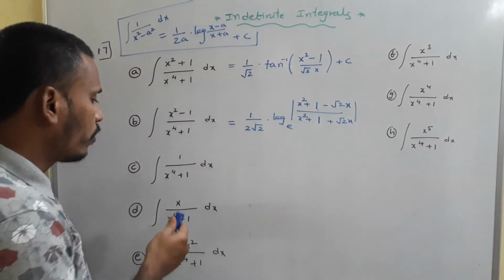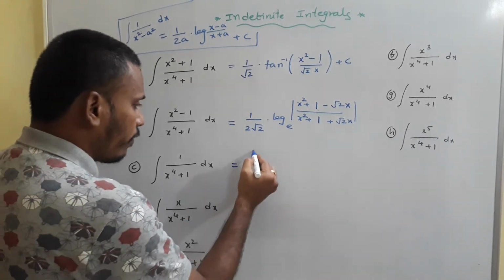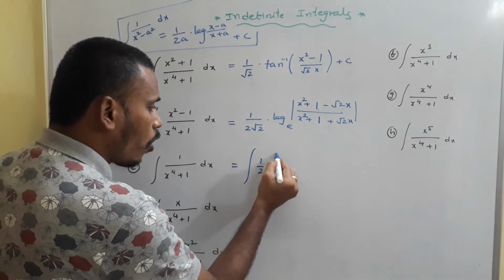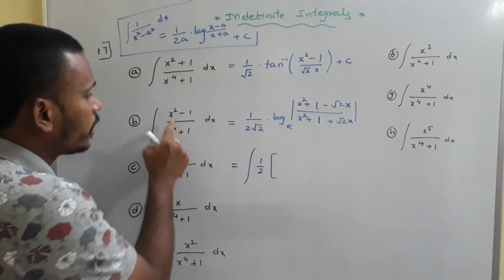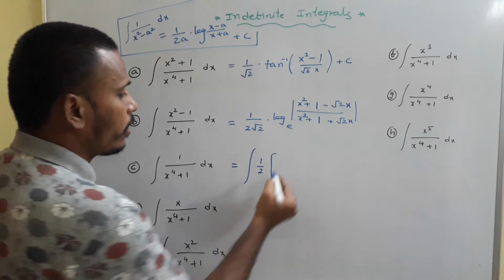Now this is equal to, have a look carefully, integral 1 by 2 of, I am writing it like that. This is x square plus 1, this is x square minus 1. What to say about the subtraction of these numerators?